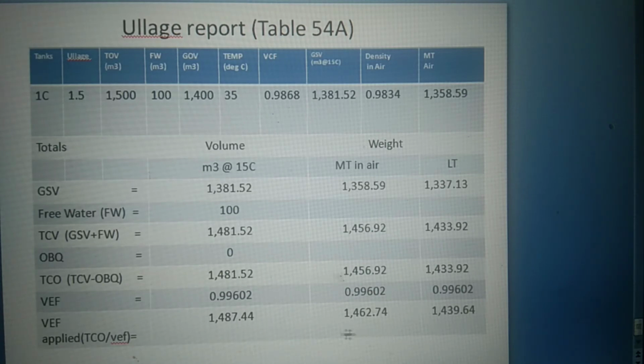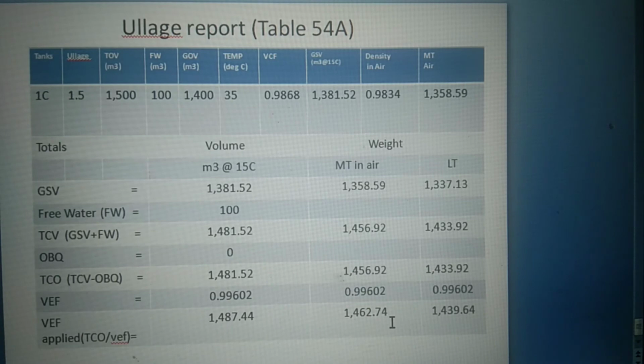And also we will divide this figure by 0.99602, then we will get 1462.74.